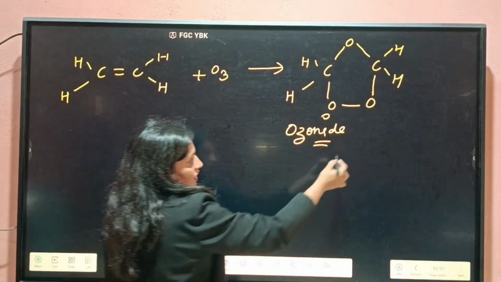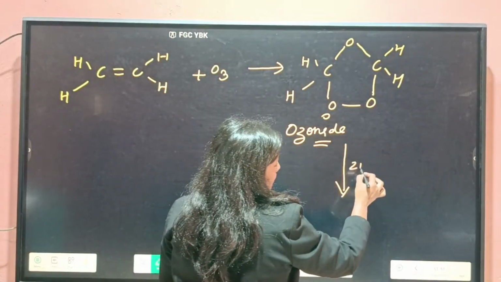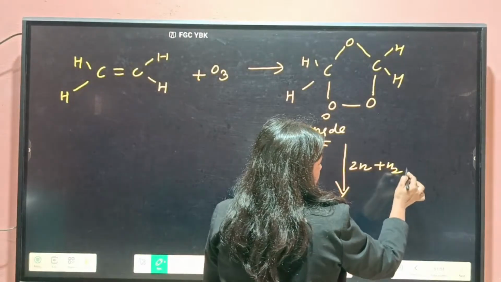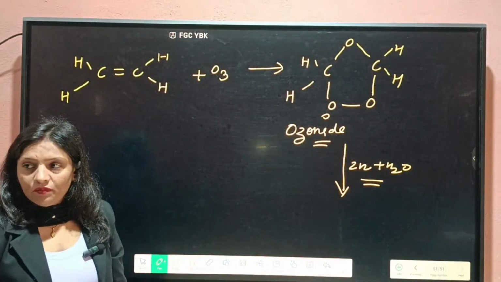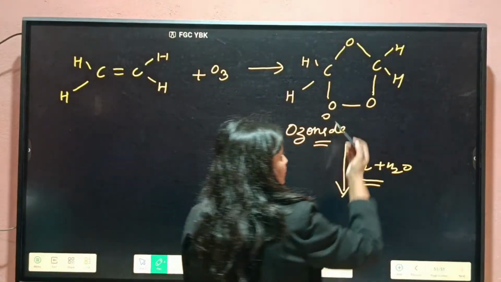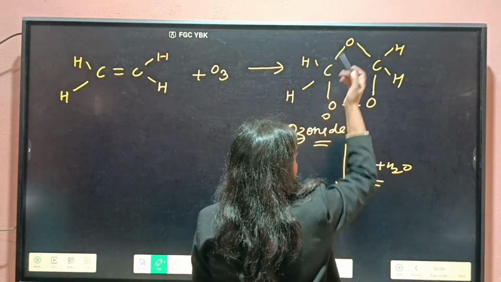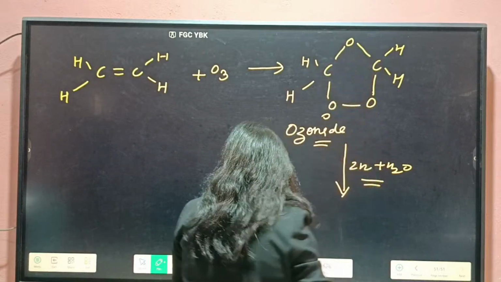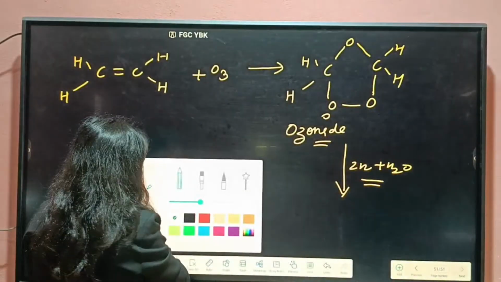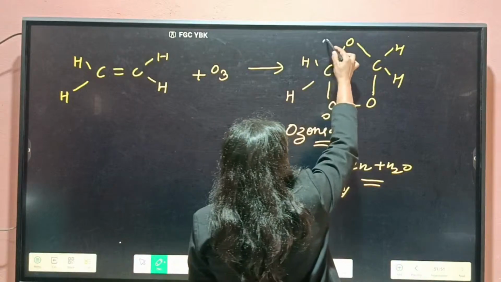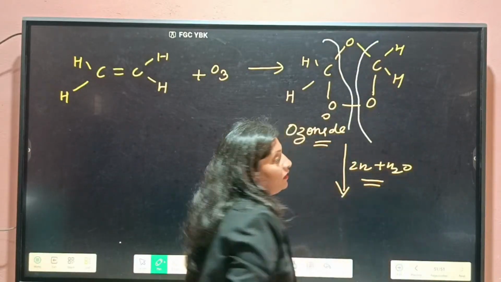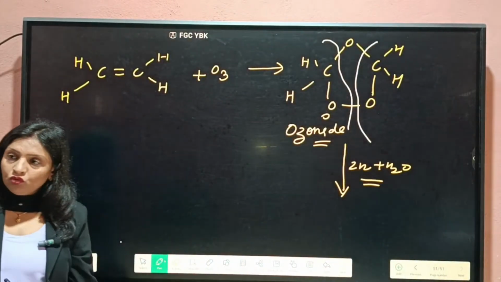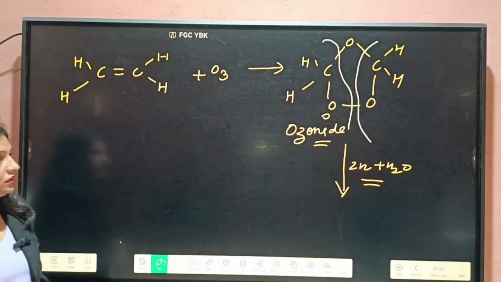Then in second step, do reaction with zinc metal. Then simple. Here reduction takes place. Removal of oxygen takes place from here. Removal of oxygen takes place, reduction takes place.